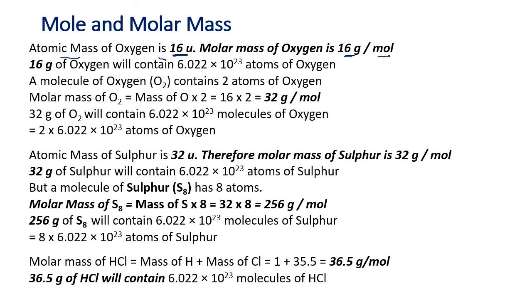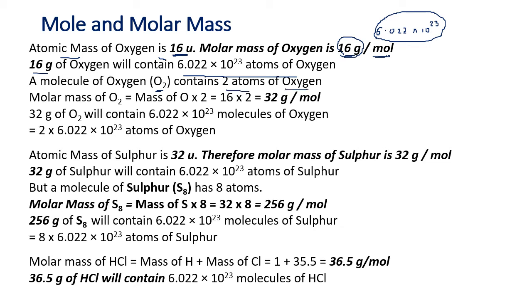It means when you take 6.022 into 10 raised to 23 atoms, it makes 1 mole, and these atoms together will have the mass of 16 grams. So 16 grams of oxygen will contain this many atoms of oxygen. But a molecule of oxygen has 2 atoms, O2. It contains 2 atoms of oxygen.